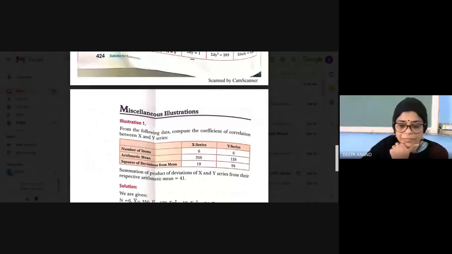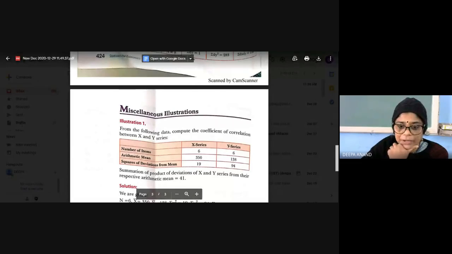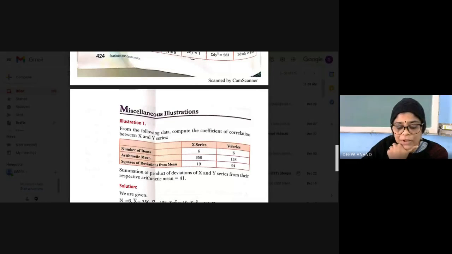Both X and Y series, the details are given, like number of items. In the X series it is 6, and the number of items in the Y series is 6 again. The arithmetic mean of X series is 350 and the arithmetic mean of Y series is 138.